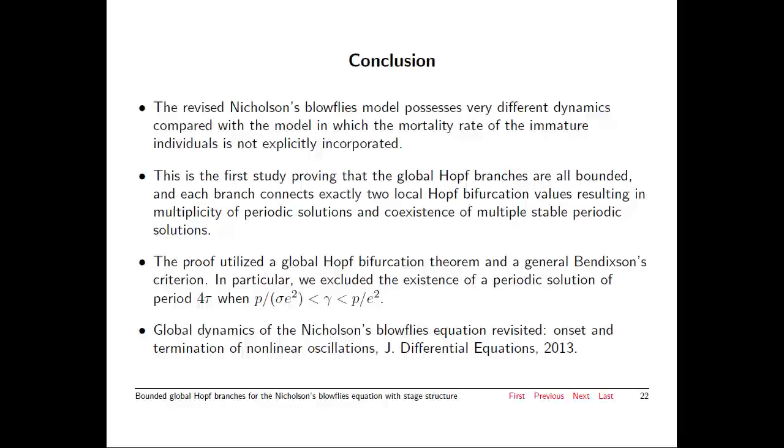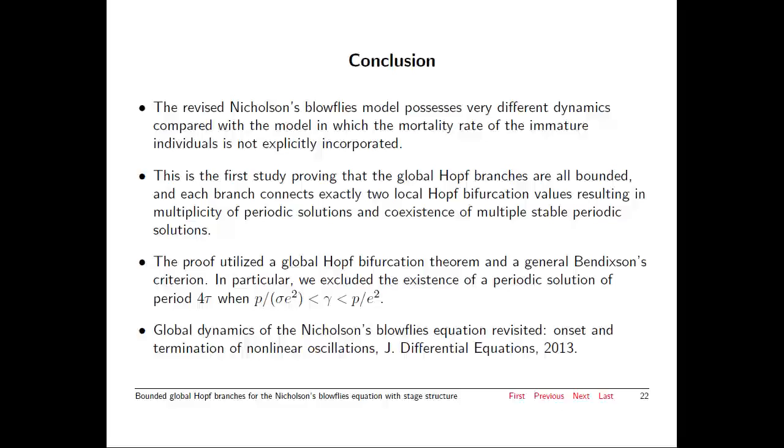This is the first study to prove the global Hopf branches are all bounded, and we also point out that each global Hopf branch exactly connects two local Hopf bifurcation values, and those lead to the coexistence of multiple stable periodic solutions. During the proof, we mainly use the global Hopf bifurcation theorem and a general prediction criterion.